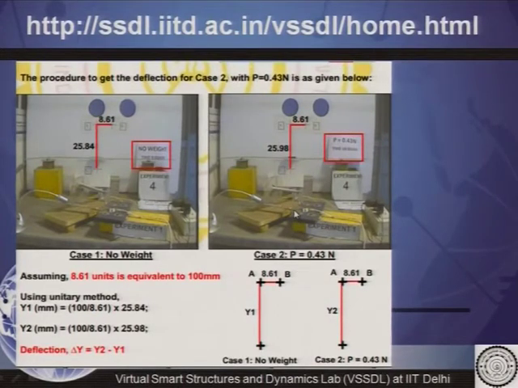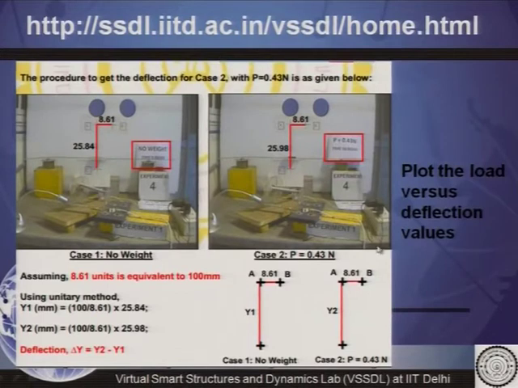So, the deflection for the first case, when there is no weight and when the first weight of 0.43 newtons is kept on the beam, can be calculated by this formula: delta y is equal to y2 minus y1. In this way when the second weight is kept, he will get the deflection and similarly he needs to repeat these steps for all the weights. And finally, he needs to plot the load versus the deflection curve.